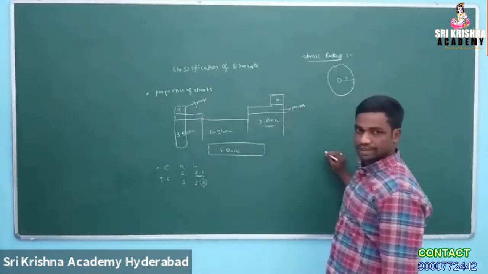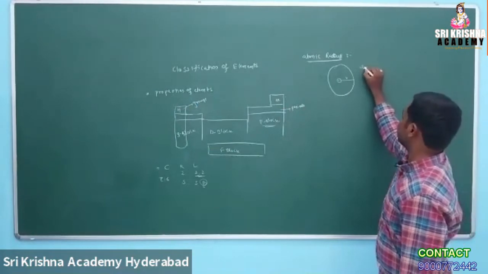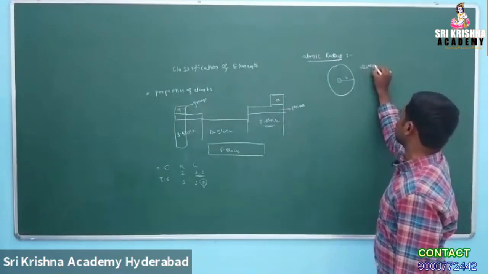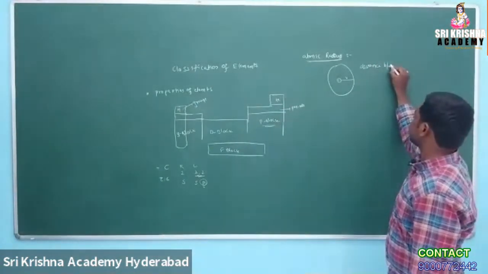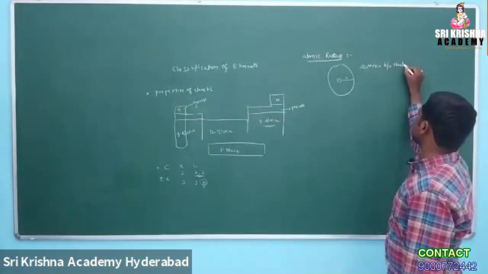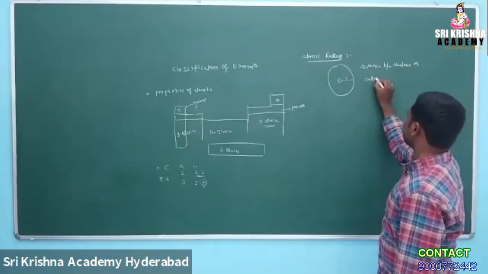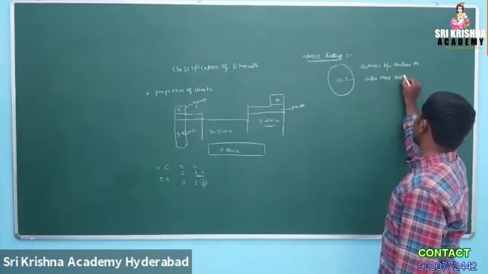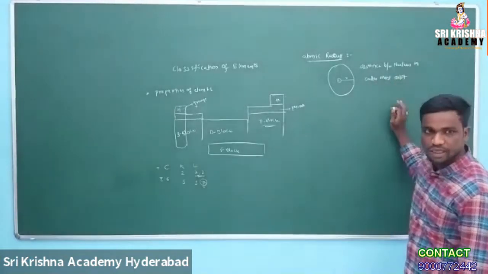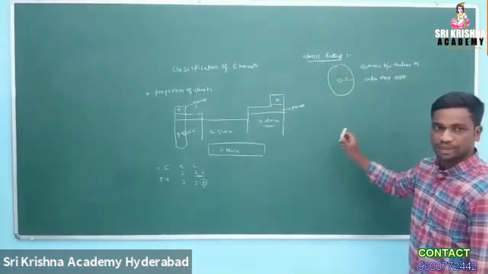Atomic radius means the distance between the nucleus and the outermost orbit. Atomic radius varies in groups and periods.